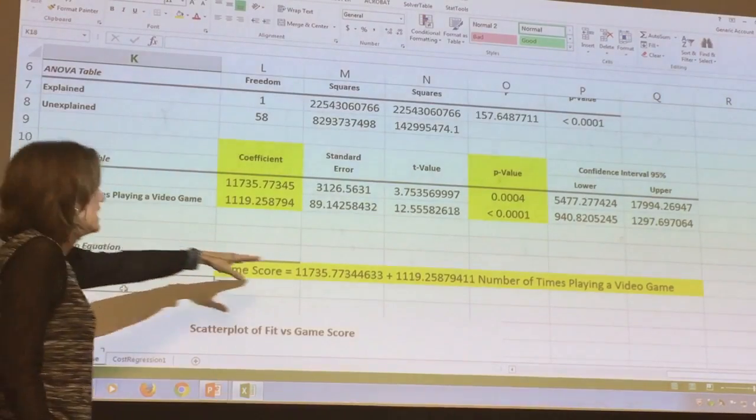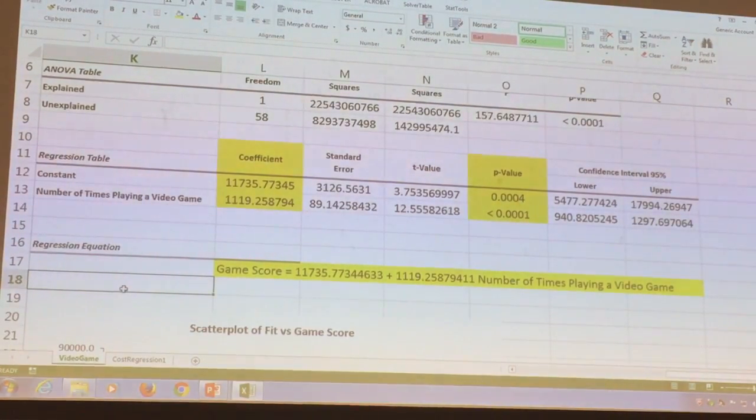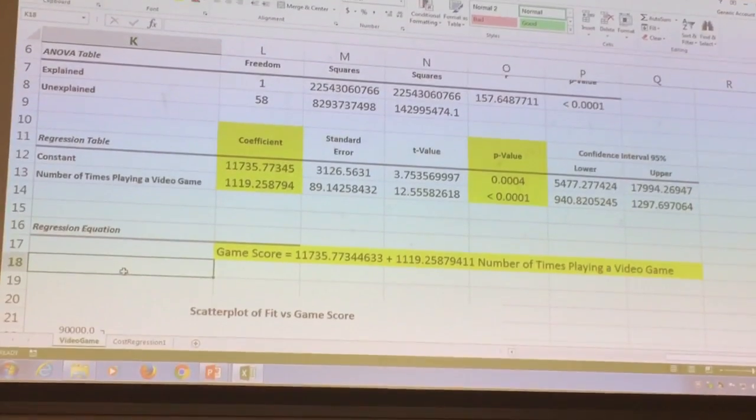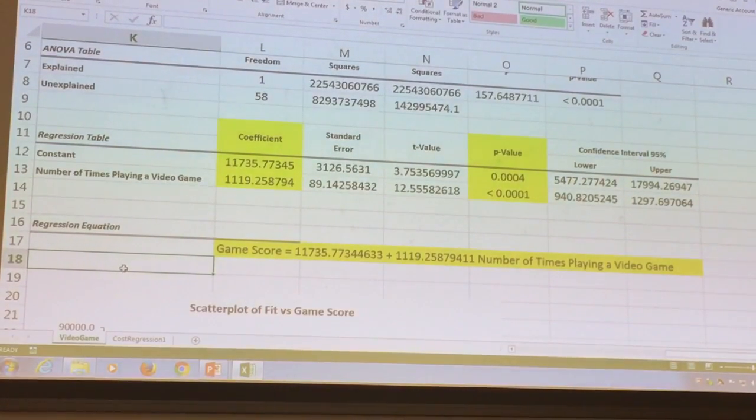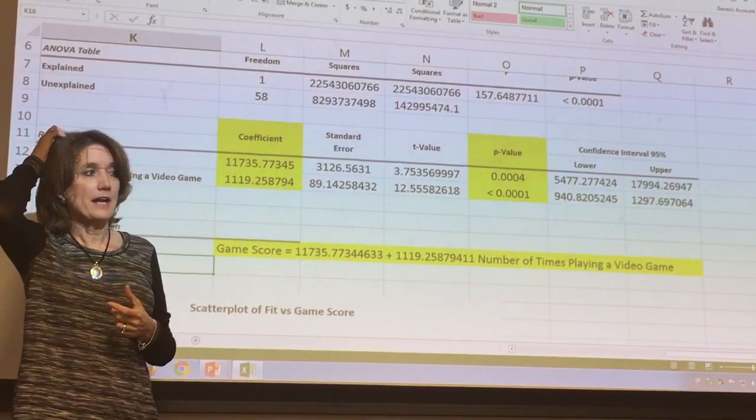What is that 11,735 telling me in the context of this video game example? It's the score somebody gets when they have never played the game. So it's basically like this base starting score that you would expect somebody to start at.